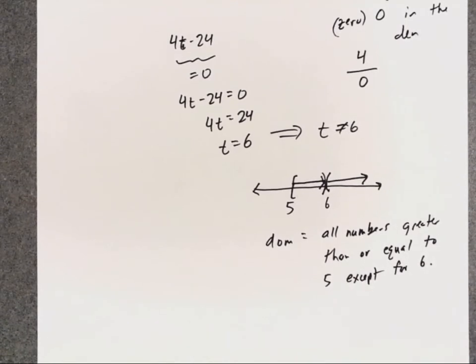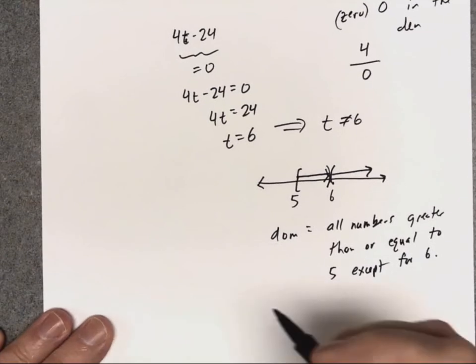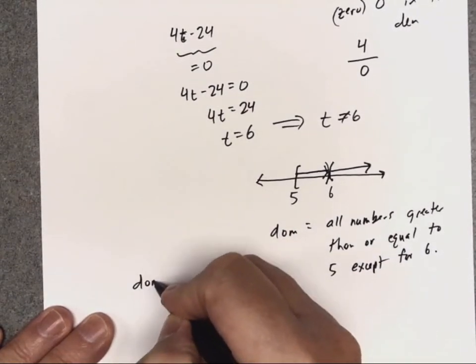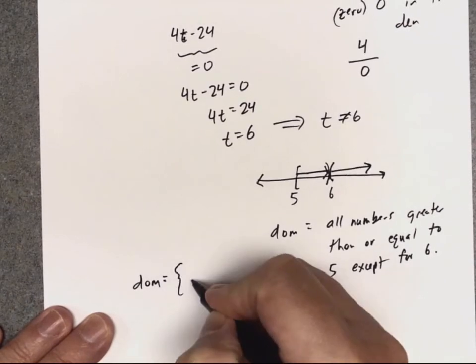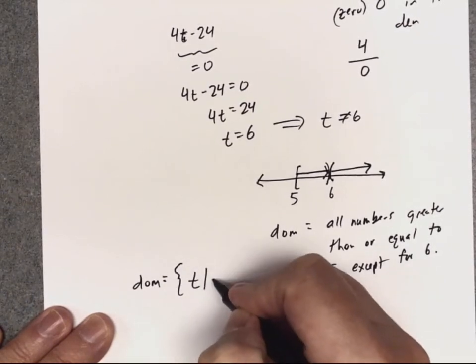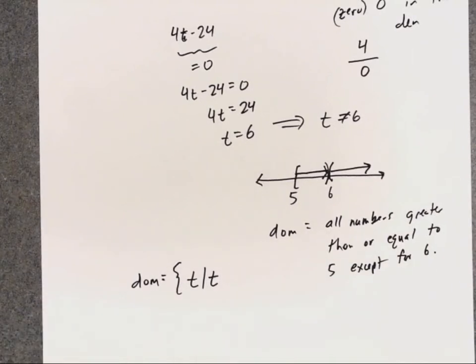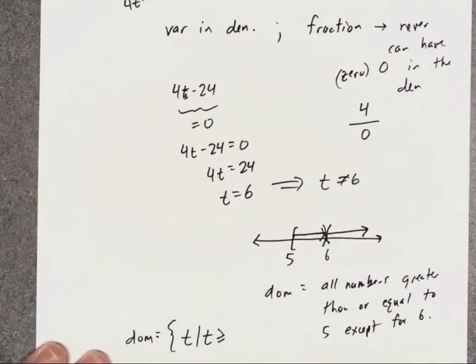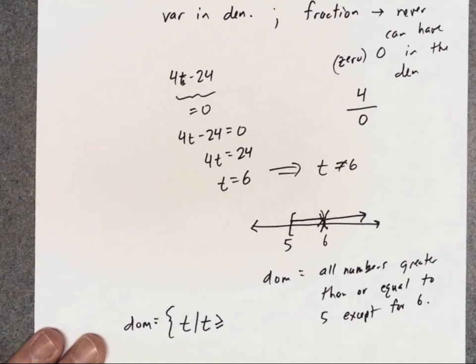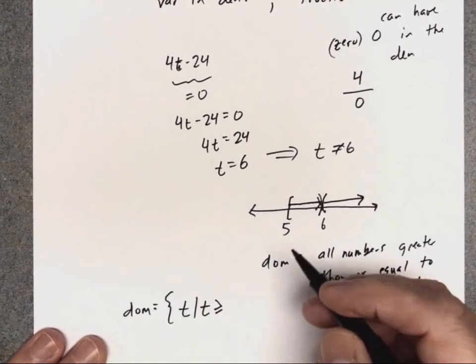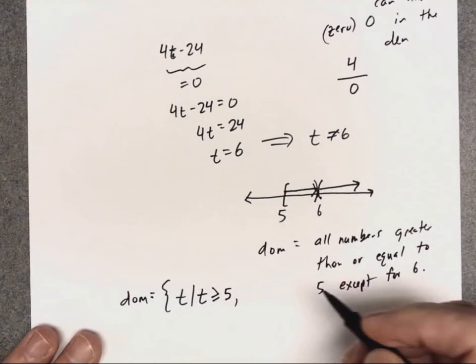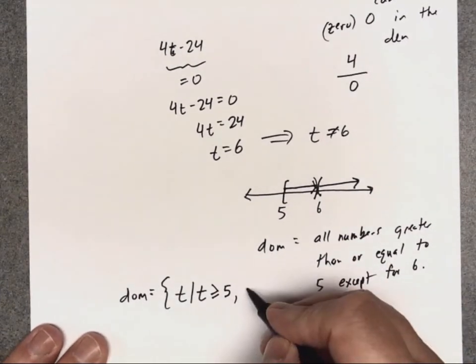So how do I write this in set notation, which is how they want the answer? In set notation, which is sort of goofy, it's t such that t, what we do is we first write the number line part, t greater than or equal to 5, but then you have to include the exception for 6.